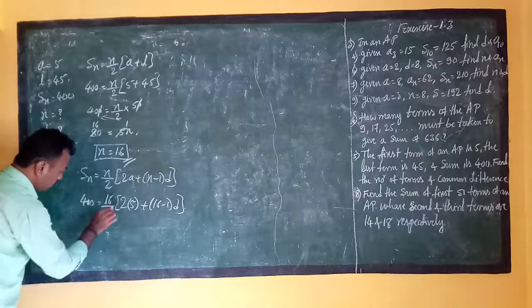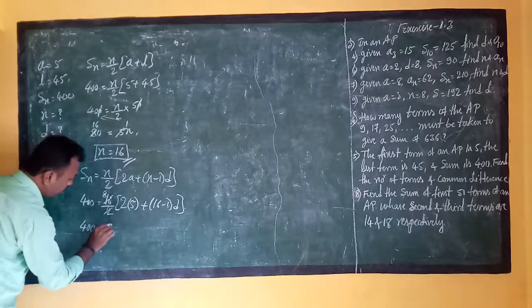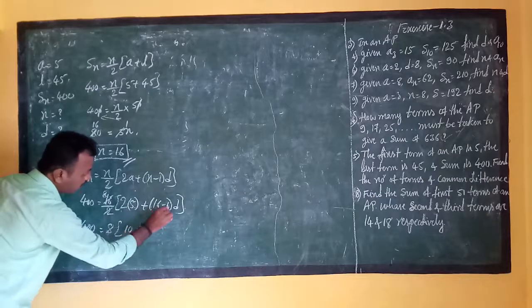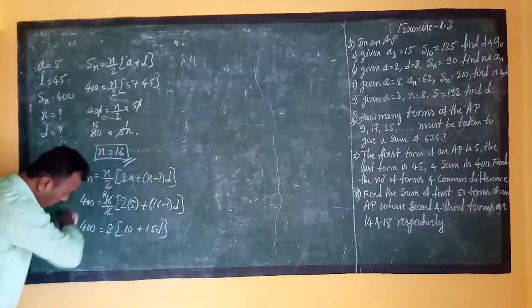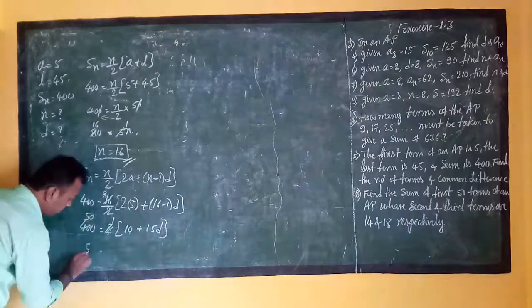Now students, 2 ones are 2, 2 eights are 16. So 400 is equal to 8 into 2 fives are 10 plus 16 minus 1, 15, 15 into d, 15d. Next students, 8 ones are 8, 8 fives are 40, remaining 0, so 50.